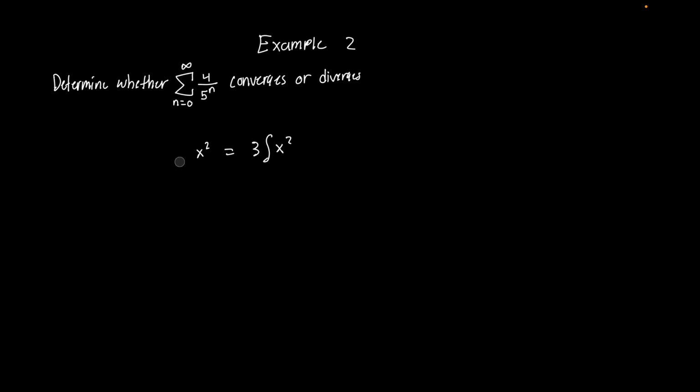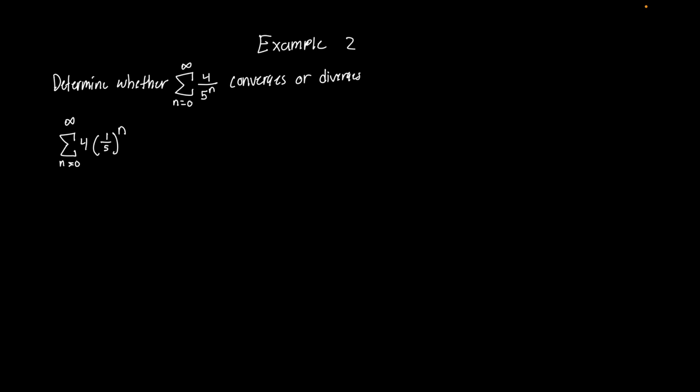You should know that you can also do the same thing with series. So we can rewrite this term as, we'll factor out the 4 times 1 over 5, and we raise that to the nth power.